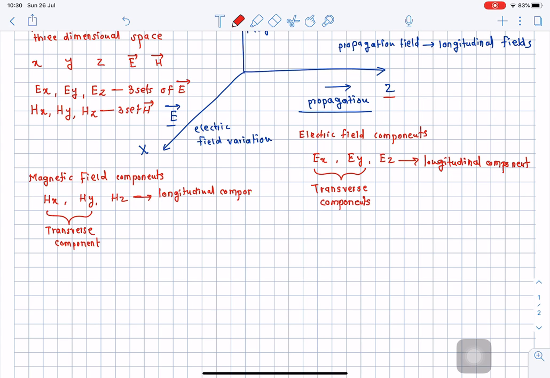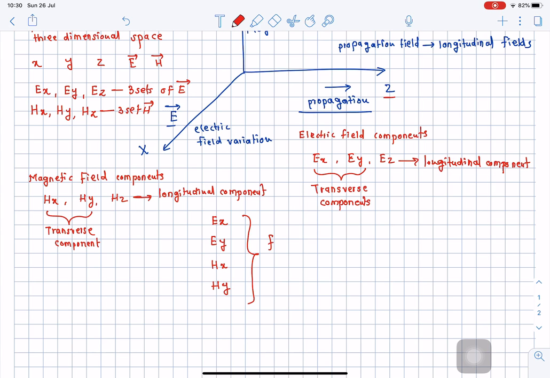So our objective here is to develop equations for Ex, Ey and Hx, Hy as functions of Ez and Hz.